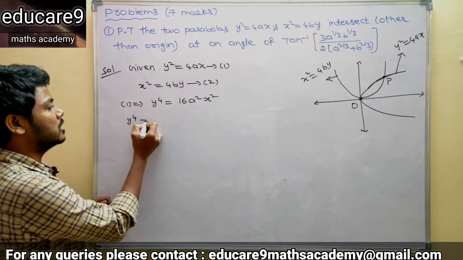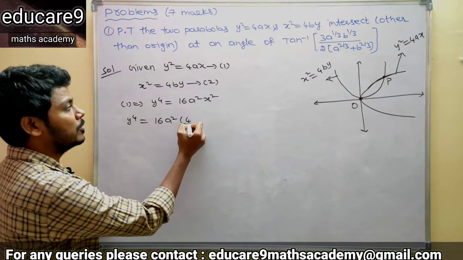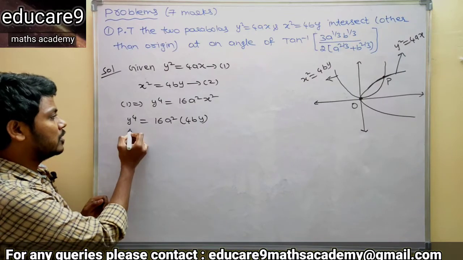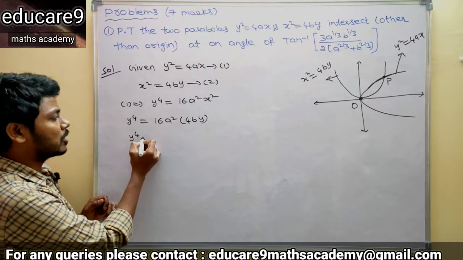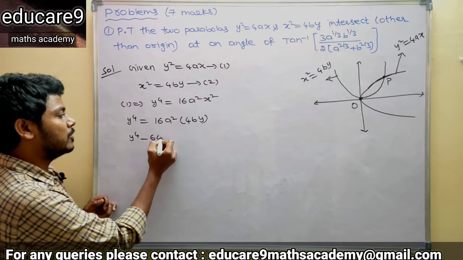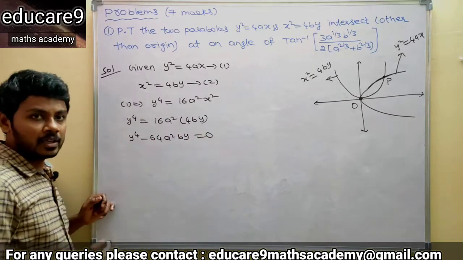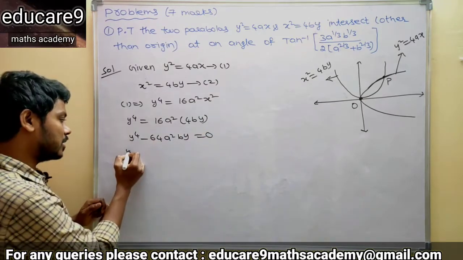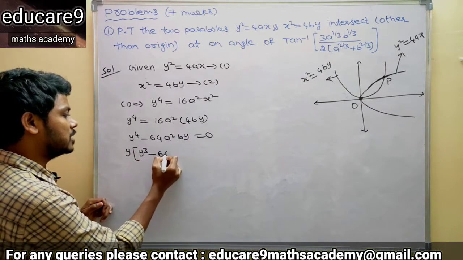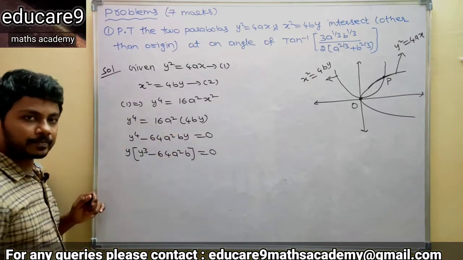So y power 4 is equals to 16a square into 4by. Therefore, y power 4 minus 64 a square b y is equals to 0. In both terms y is common. You will get y into (y cube minus 64 a square b) is equals to 0.